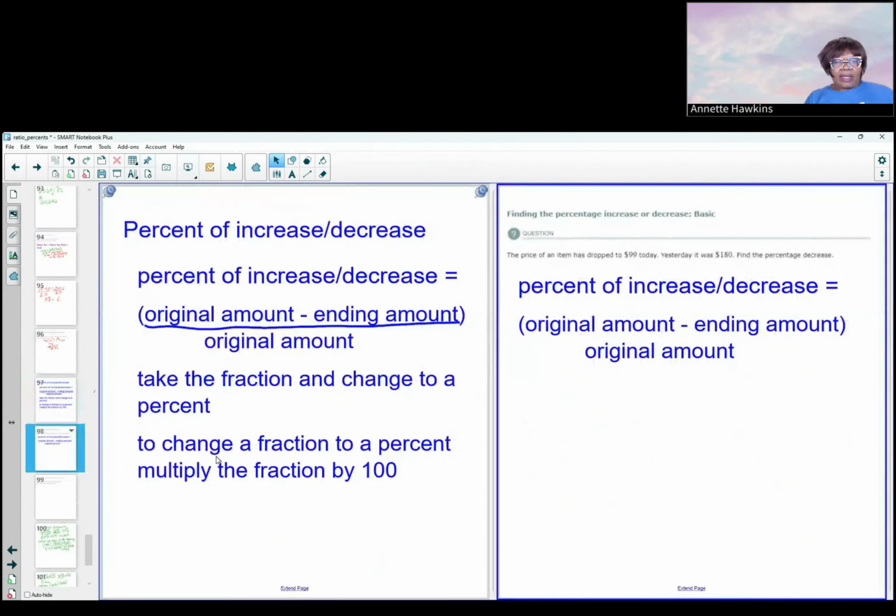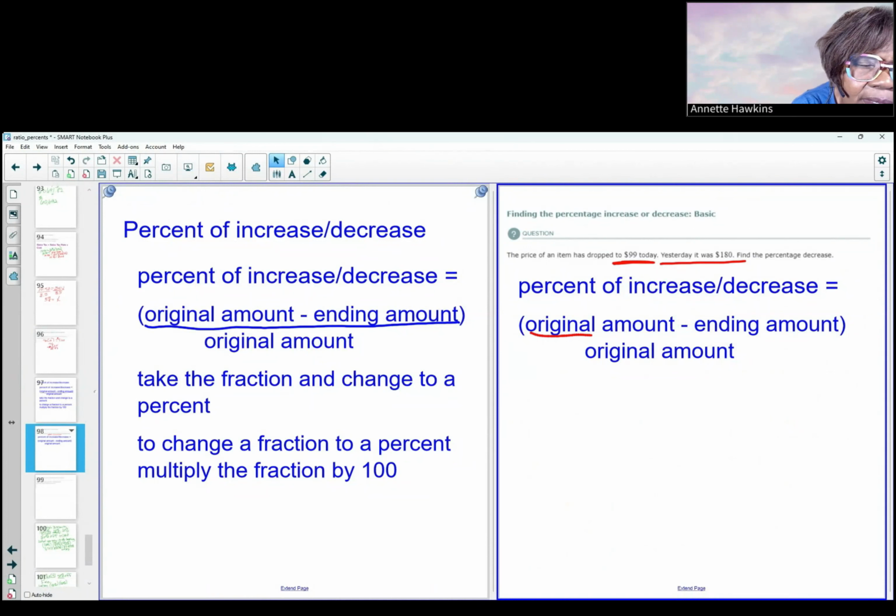All right. So the price of an item dropped to $99 today. Yesterday it was $180. Okay. Now the original amount, okay, the price of an item has dropped to $99 today. Yesterday it was $180. So we have what?